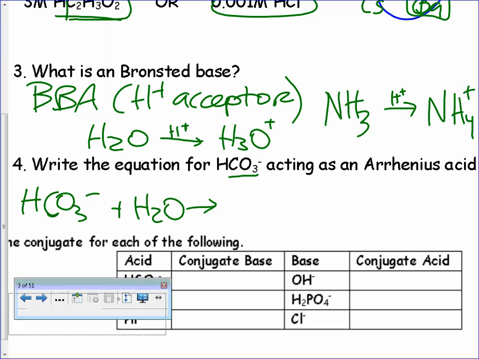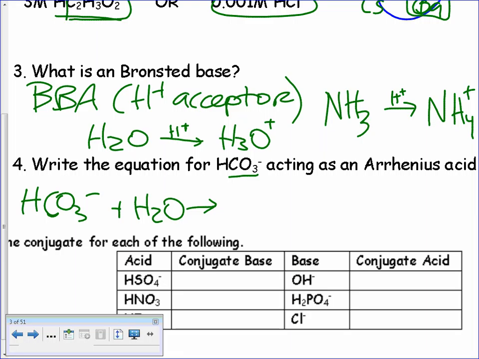If I'm an Arrhenius acid, what did you say it had to produce in water? Hydronium. So straight off the bat, I'm going to write hydronium, because Arrhenius acids make hydroniums in water.